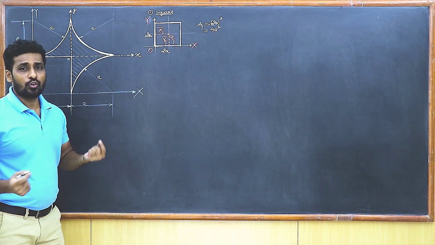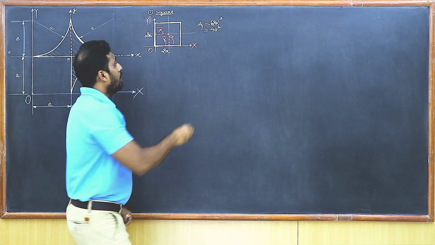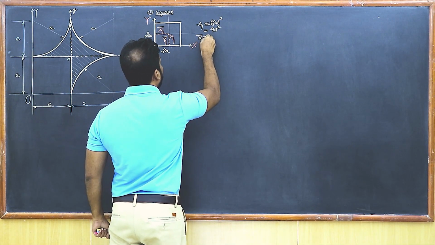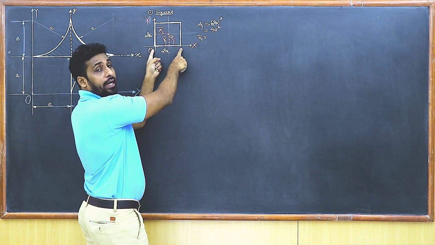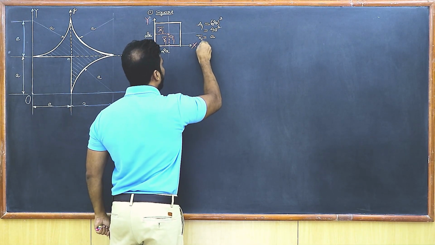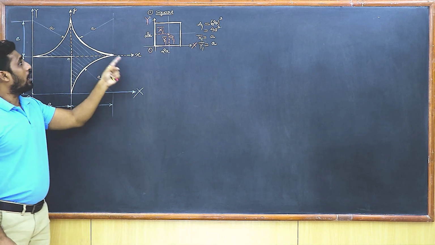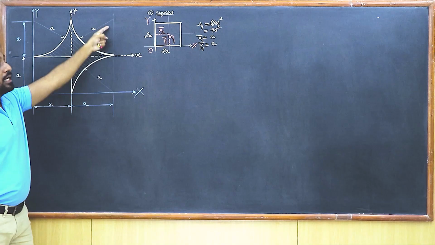Let us keep it as it is, that's 4a square. Then let's write x1 bar. This length is 2a, half of it, that's a. So I simply write a, and y1 bar is also going to be a.